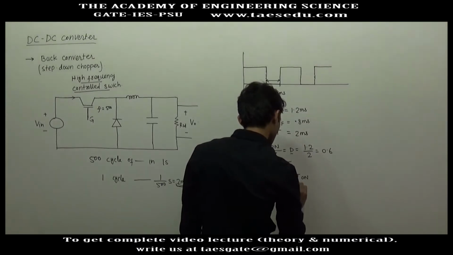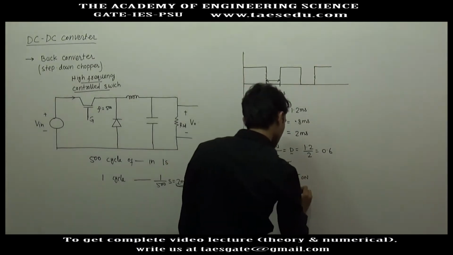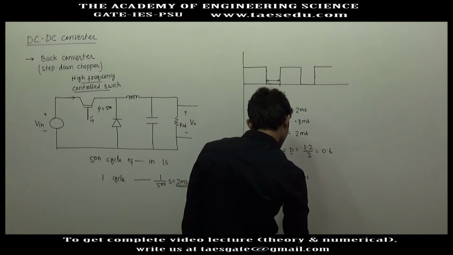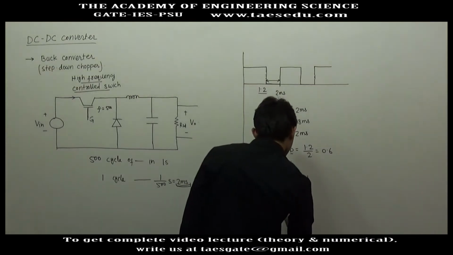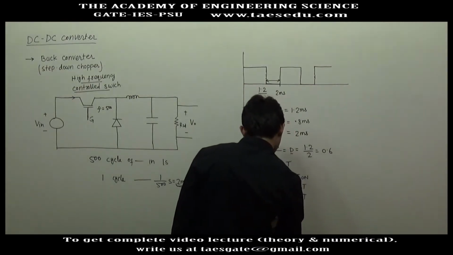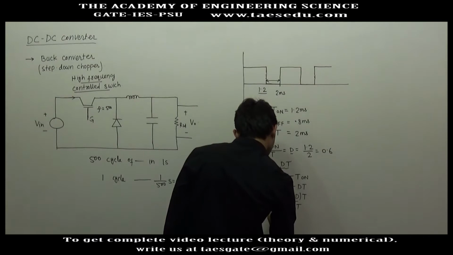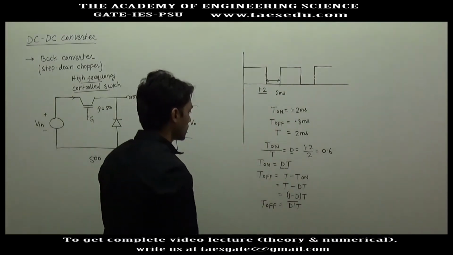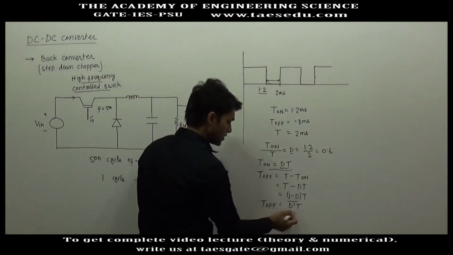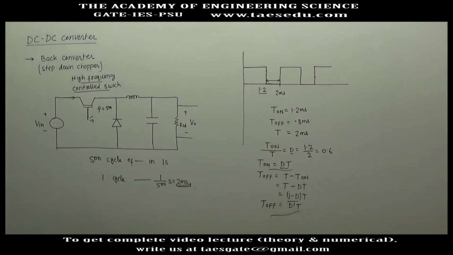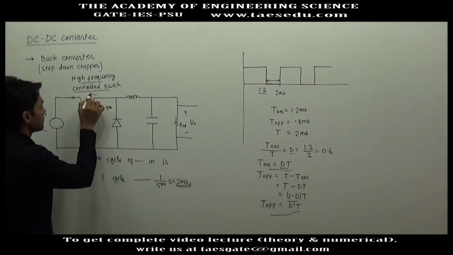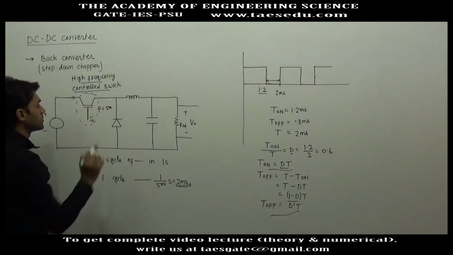Total time is T and T on is dT. This is 1 minus d into T, and I will represent 1 minus d as d dash. This is d dash into T. So T on is dT, T off is d dash into T. I hope you understood this part of the circuit.